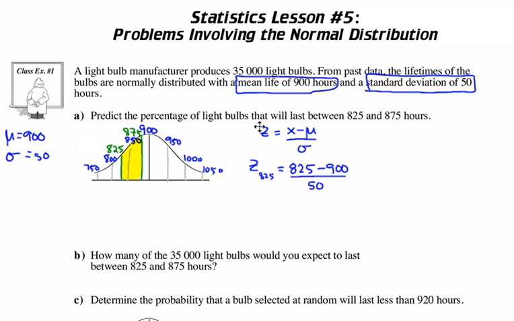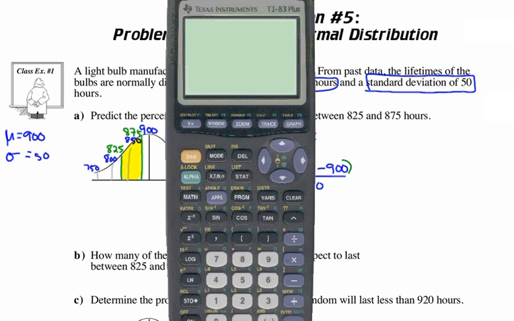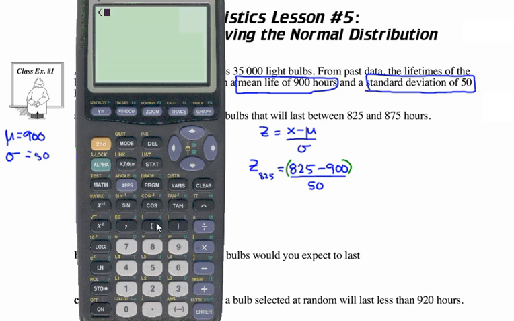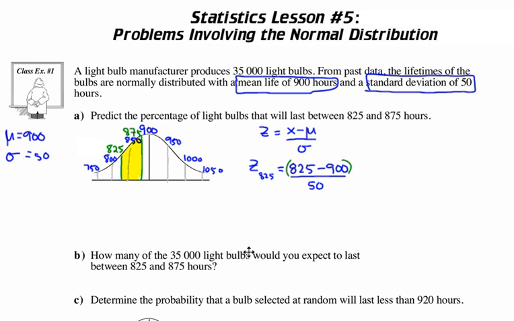Remember when we put this in our calculator, we need brackets around our numerator. So if I type this in, 825 minus 900 divided by 50 is negative 1.5. So the z-score for the first one was negative 1.5. Now I need to find the z-score for the other value, 875.